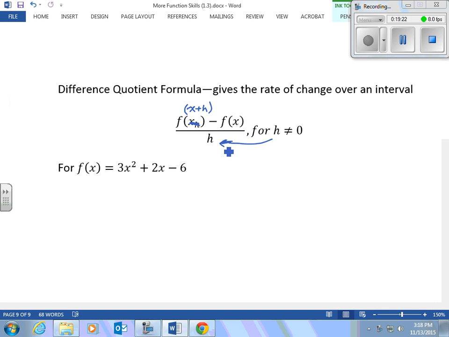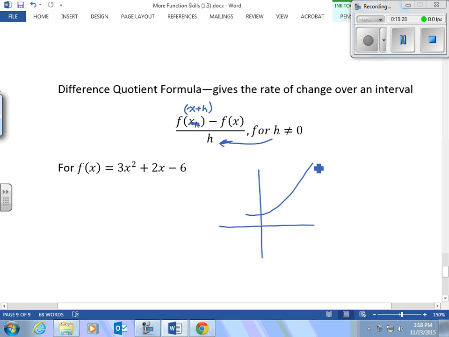Okay, so if you think of a graph of some shape, and we'll just do something like this curve here. If you think of this value as being f at x, and so here's my x, and this will be my x plus h. So I've moved over an interval of h units. So I've gone from x to x plus h.